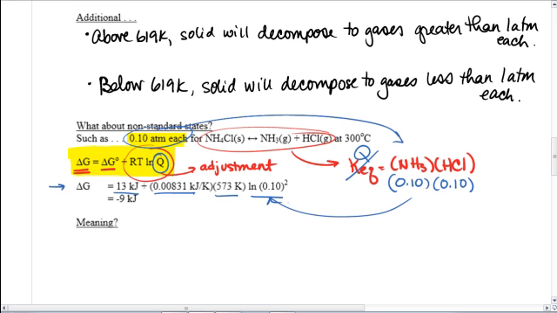Notice when we do that, we end up with a delta G that's negative 9 kilojoules. Which tells you what? This is spontaneous. Okay, spontaneous. All right, so let's interpret it.